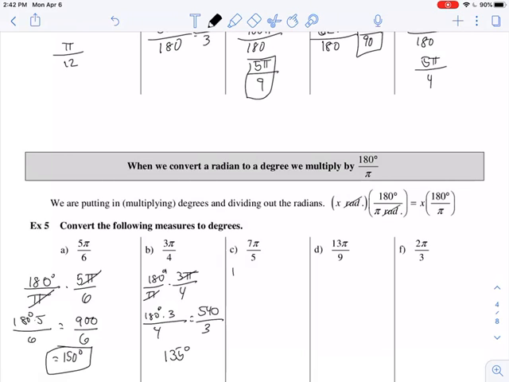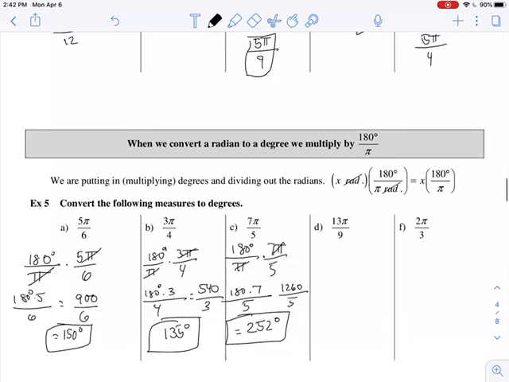I'm going to multiply 180 over pi times 7 pi over 5. My pi's are canceling. I'm going to have 180 times 7 over 5. That gives me 1260 over 5. And that comes out to 252 degrees.